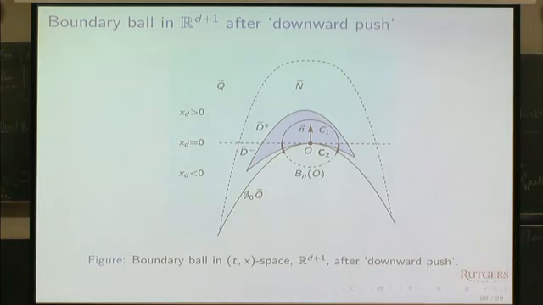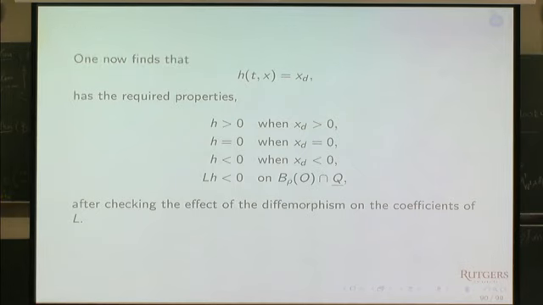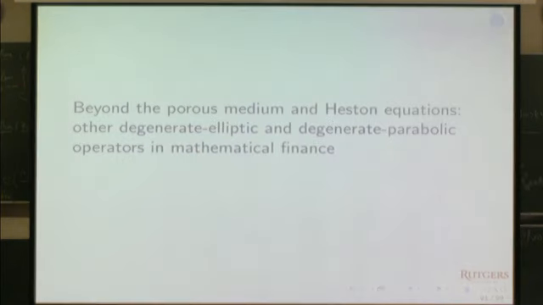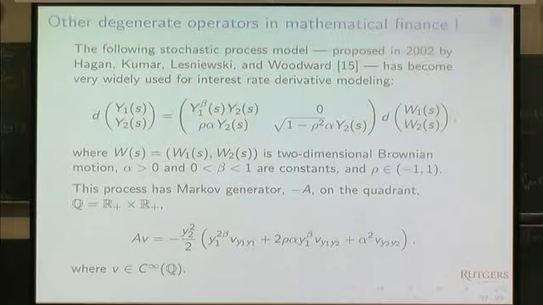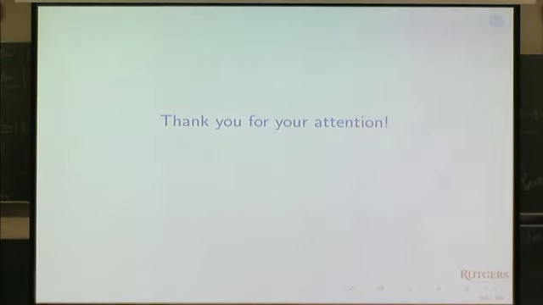It turns out that just the simplest one works, and then the rest of the proof is fairly easy. All right, so rather than talk about anything beyond these PDEs, let me just say thank you, and stop.